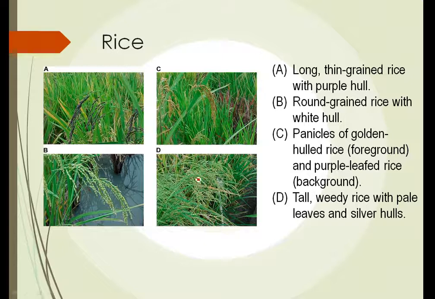And D, a light hulled weedy type of rice. In all cases, the grain of rice itself, when removed from the hull and the husk, is white, regardless of the color of the outside.